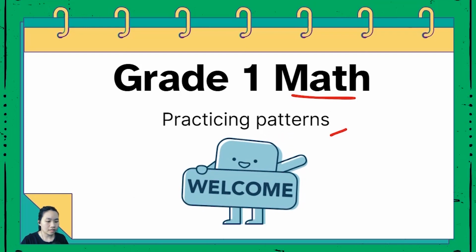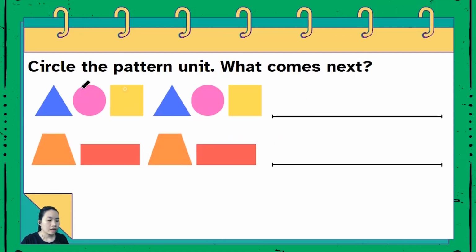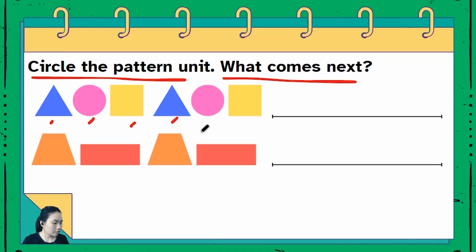Today we'll be practicing patterns, okay? Now first I want you to circle the pattern unit and then figure out what comes next, okay? So now we have a bunch of shapes over here. We have a triangle, a circle, a square, a triangle again, a circle, and a square. So what does this say? It means that the triangle is number 1, the circle is number 2, and the square is number 3.